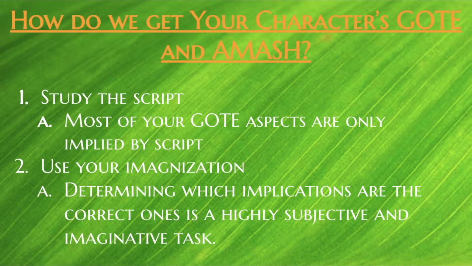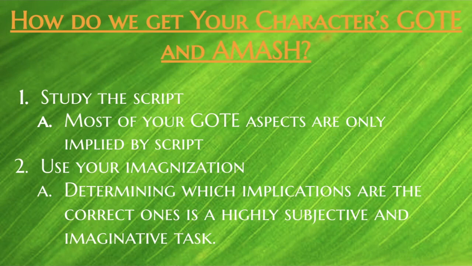How do we get our characters through GOTE and AMASH? First thing you've got to do is study the script. Most of your GOTE aspects are only implied by the script, by what is written in the stage directions and what is said by others and what the character says. So you kind of have to take what you have and read between the lines.